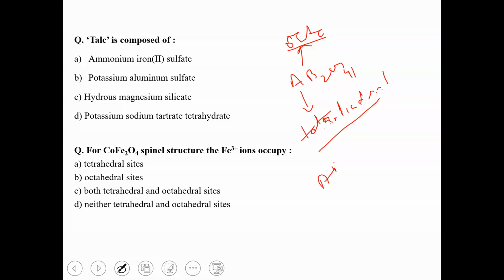But in case of inverse spinel, this will be occupying octahedral, and half of the B will occupy octahedral, and the other B will be occupying the tetrahedral voids, right?